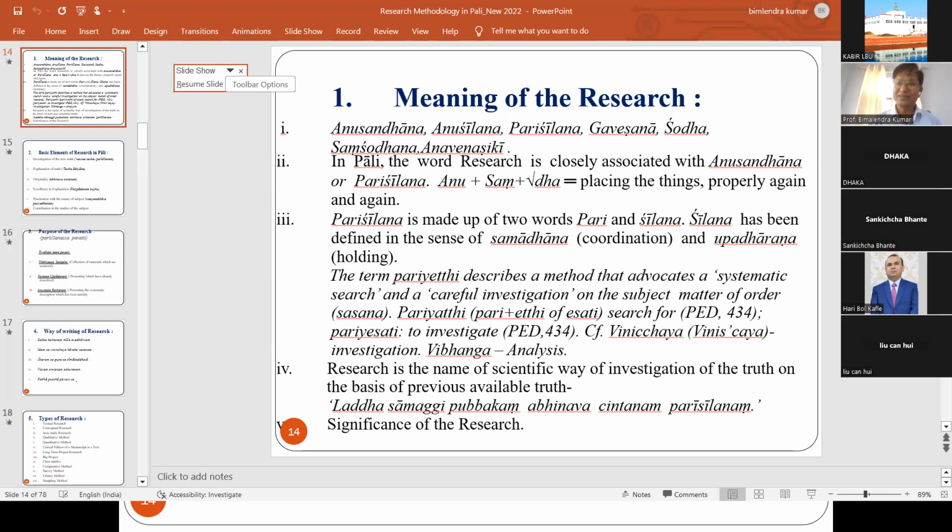In Buddhist Sanskrit texts, we also have a text named Artha Vinishchaya Sutra. There is a sutra of the Sautrantika sect called Artha Vinishchaya Sutra, the sutra which discusses the investigation of the meaning of the teachings of the Buddha.